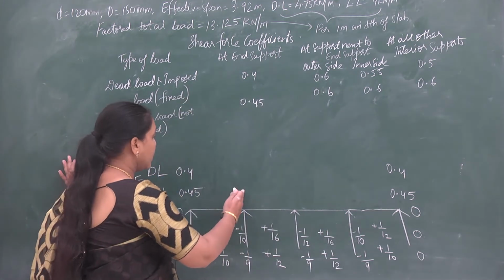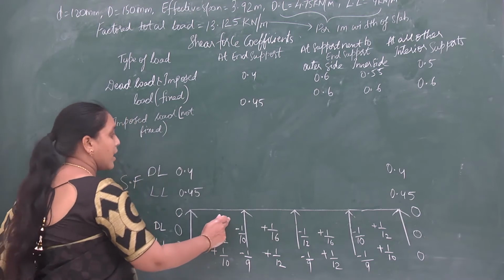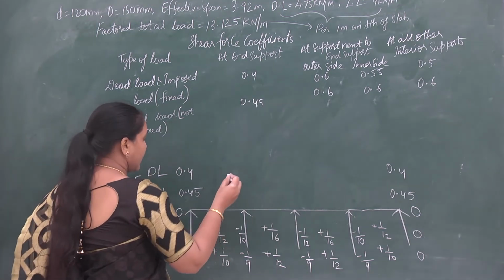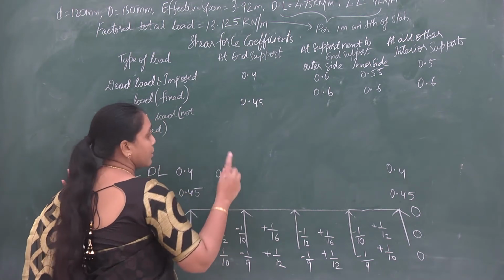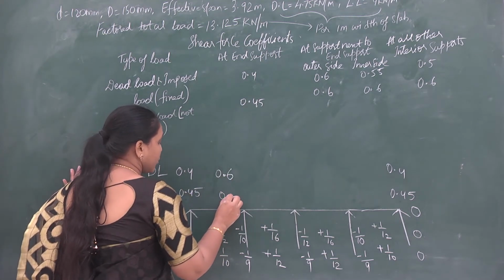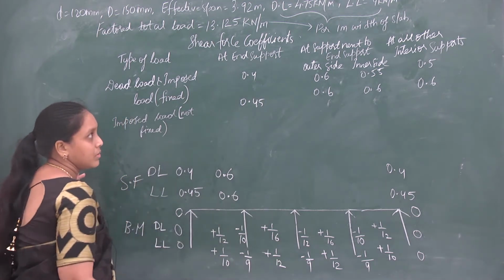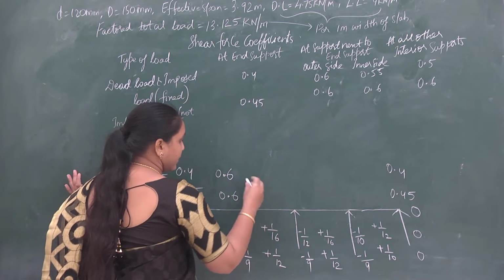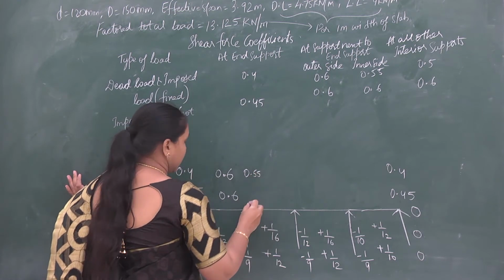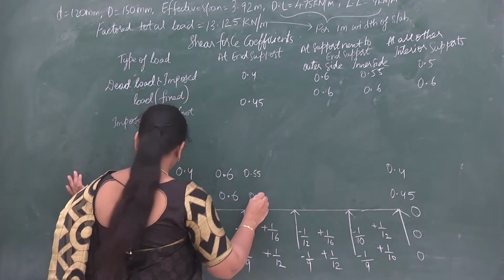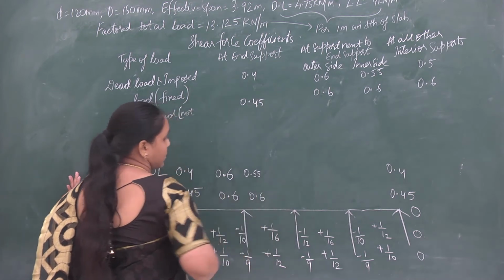So the outer side. So this is going to be our outer side. So here at the outer side, what is the dead load shear force coefficient? It is 0.6 and the live load coefficient is also 0.6. And in the inner side it is 0.55 for the dead load, and for the live load it is 0.6.